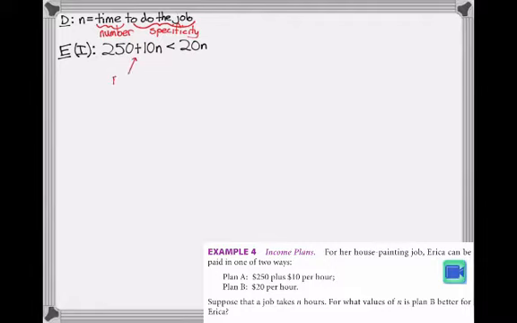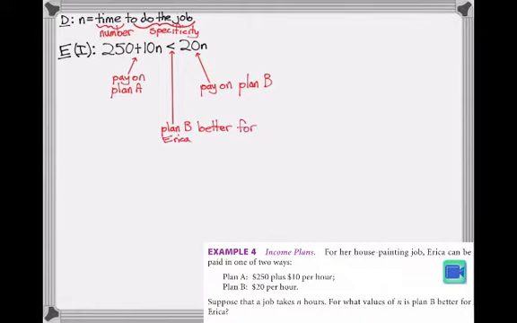So on the left-hand side, this is the total pay that Erica will receive if she charges on plan A. And on the right-hand side, 20n is the total pay that Erica will receive if she charges on plan B. What it means for plan B to be strictly better for Erica than plan A is if the right-hand side is strictly greater than the left-hand side. Notice this is exactly the opposite of what would be better for the customer, but we're not interested in that here.